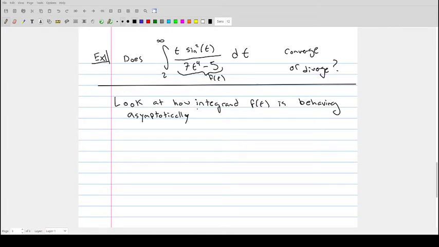This is just a fancy word for large values of t.